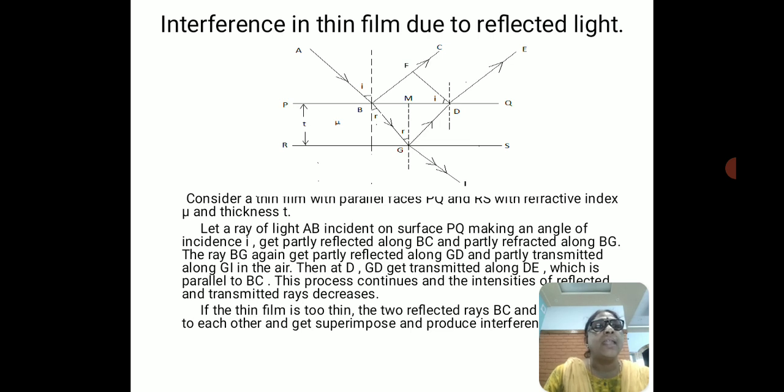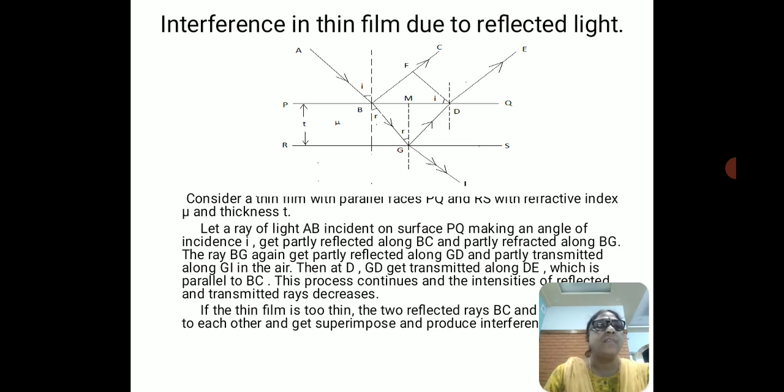Here the rays DE and BC are exactly parallel, but there is a path difference between them, BF. As the ray moves from B to F, it covers the path BGD. Therefore the actual path difference is equal to BG plus GD, minus the path across BF.